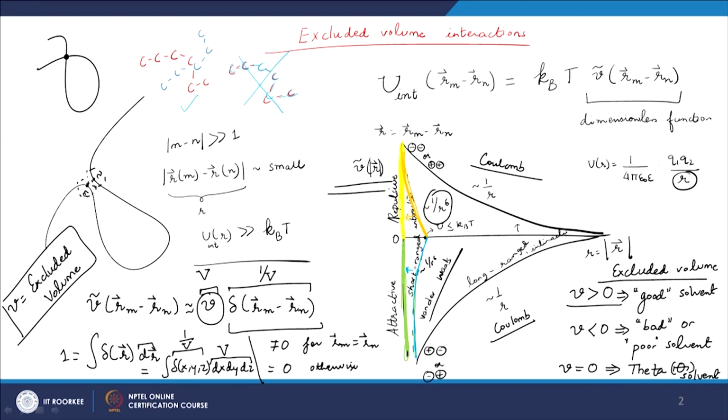So, from now forth we will talk in terms of the parameter V that has a unit of volume, and we will see what will happen for positive V, negative V, zero V and so on. And just keep in mind that this has a unit of volume because the delta function had a unit of 1 by volume.